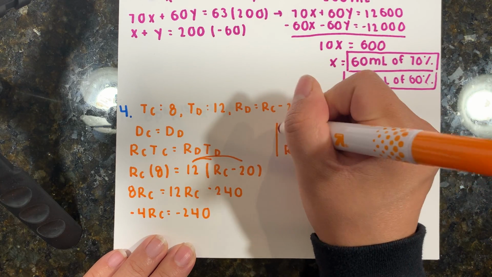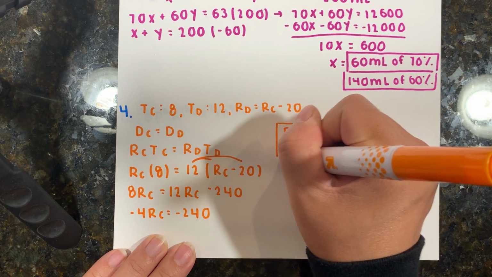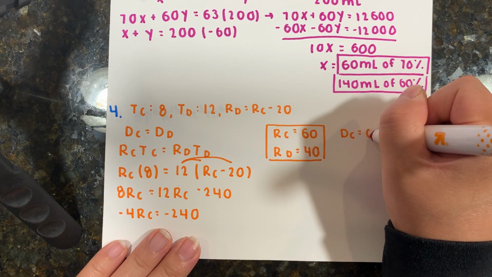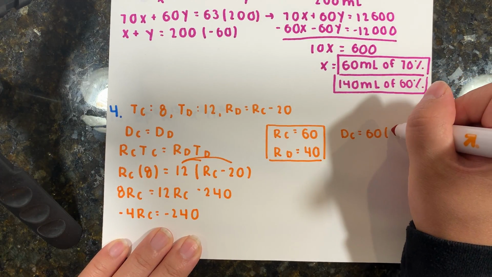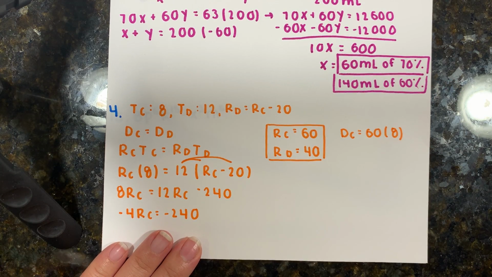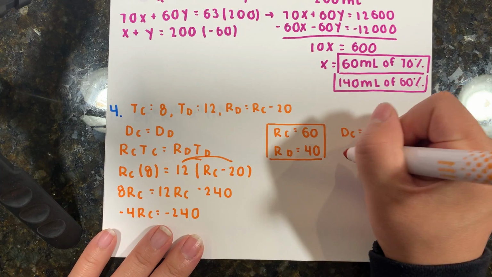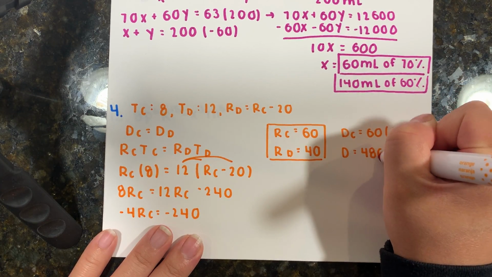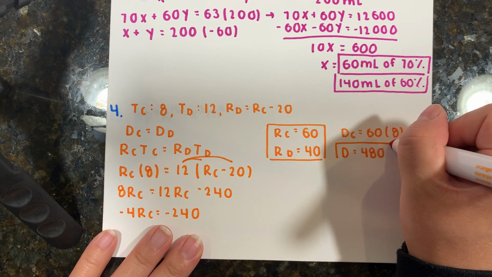They also want to know what the distance is. So let's just do DC is equal to RC times TC, which is 8. So 60 times 8 would give us 480. So the distance of both is going to be 480 because they drove equal distances.